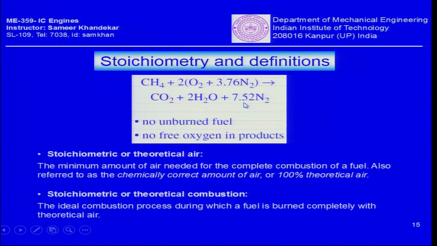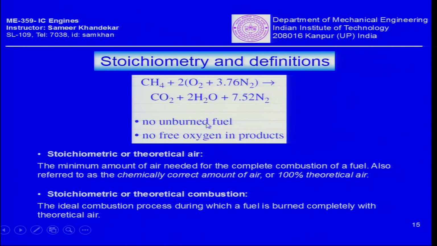What we have done here is a complete combustion, that is, no unburnt fuel is remaining, there is no carbon monoxide on the right hand side, there is no free carbon, there is no free hydrogen, and there is no free oxygen remaining on the right hand side. That means just about enough air which gives you sufficient oxygen so that this methane molecule is completely burnt to CO2 and H2O. So there is no free oxygen in the product.